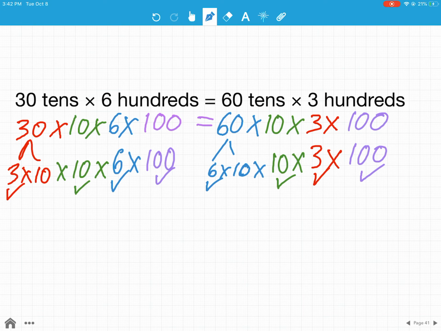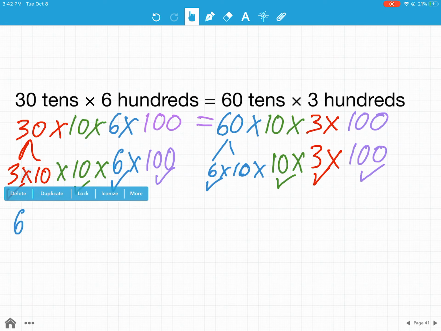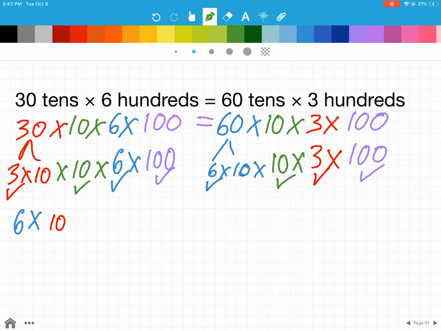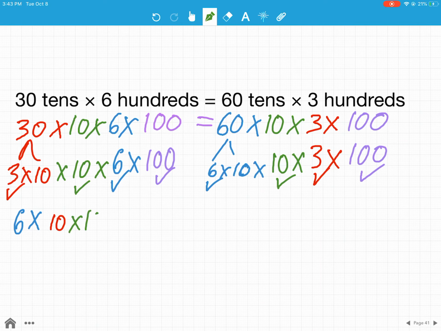But wait, we can change them around. So we can change this. Put this first, multiply it times this. Now we're looking alike. Then multiply it by the 10.